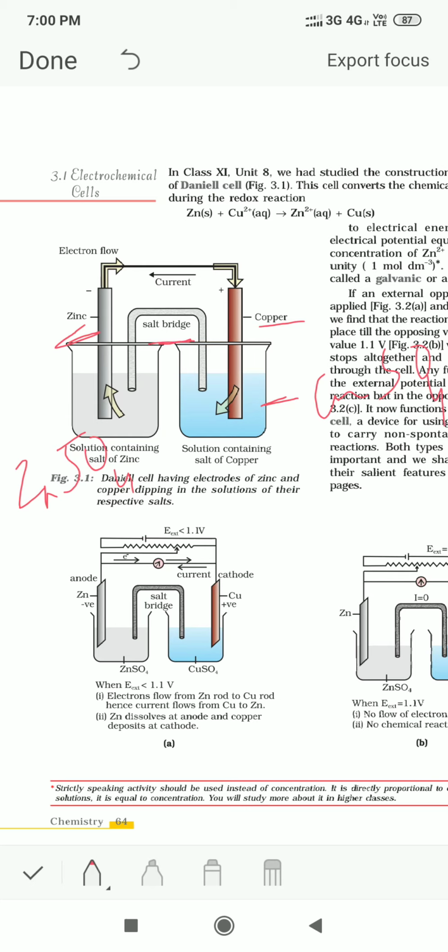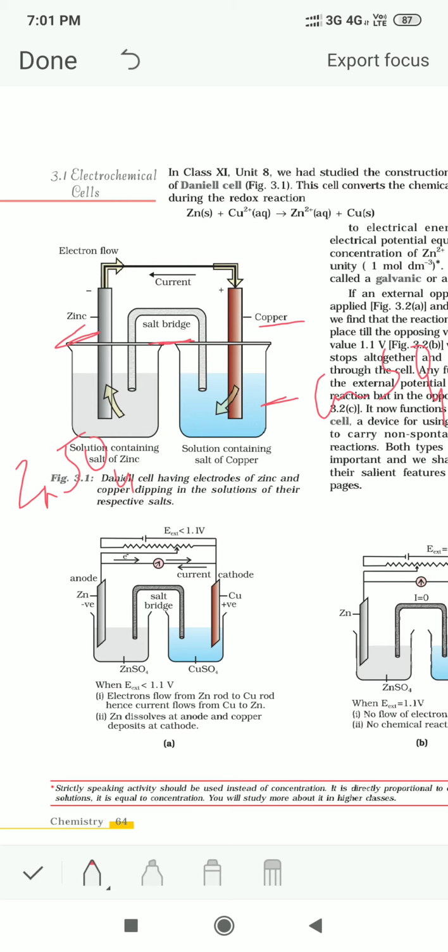Now salt bridge is a U tube in which there is some inert electrolyte like ammonium chloride or ammonium nitrate, etc., which is present in gel of agar-agar, and the two ends of the U tube are sealed or plugged by cotton.